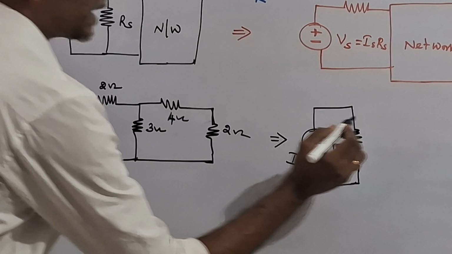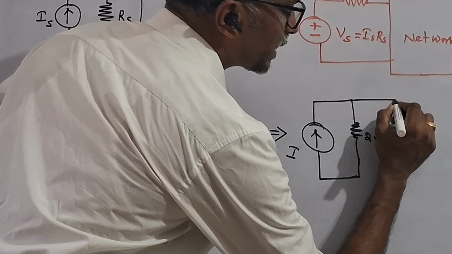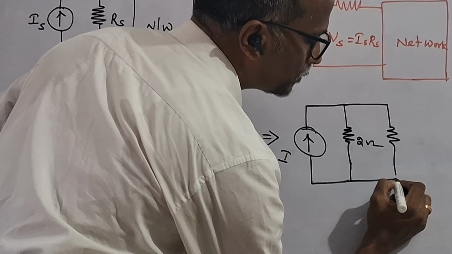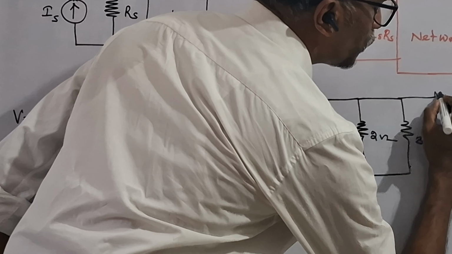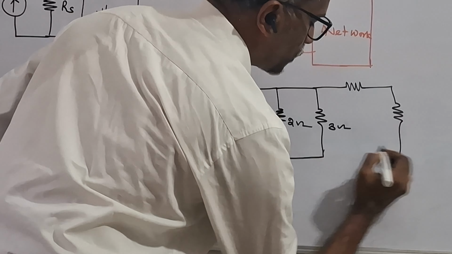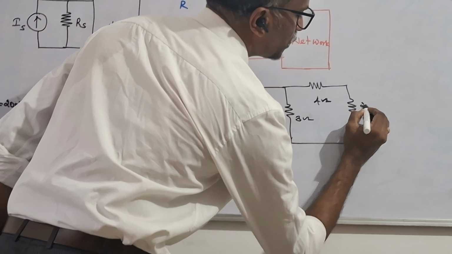This resistance is connected in parallel, therefore 2 ohm. Then we have the remaining resistances: 3 ohm, then 4 ohm and 2 ohm.